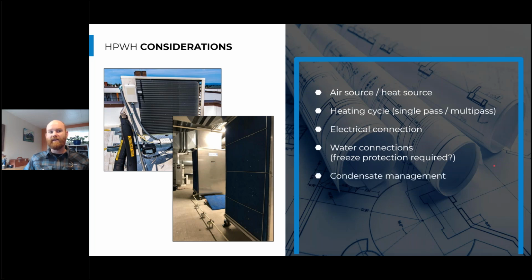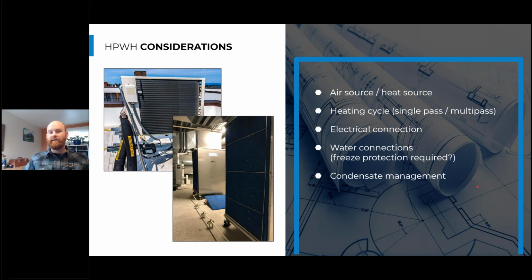And then condensate management. Heat pumps are taking heat out of the air, and so there's potential for moisture to condense on the evaporator coil, and that moisture, that's condensate, right? We collect it, it's condensate. We have to manage that condensate and put it somewhere.